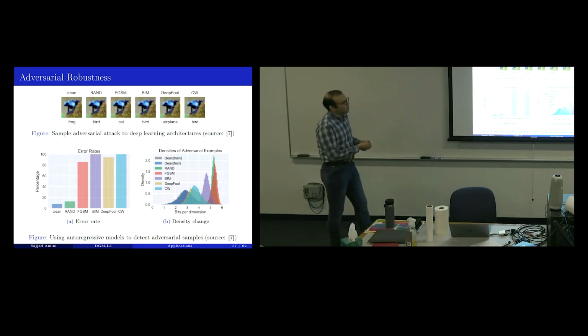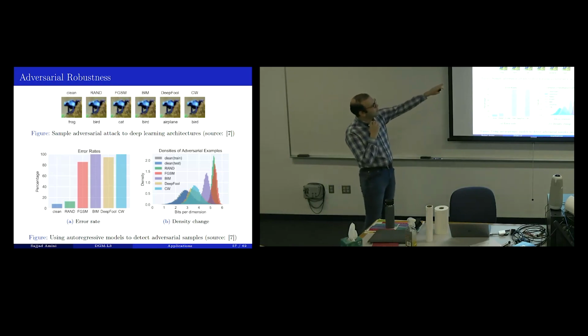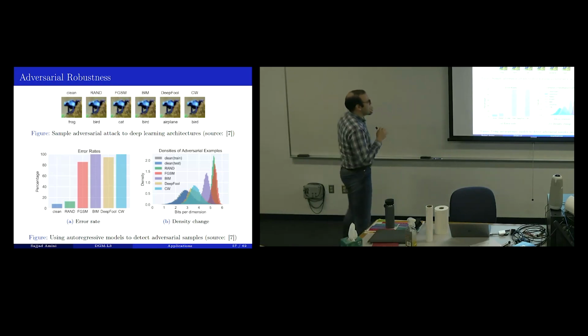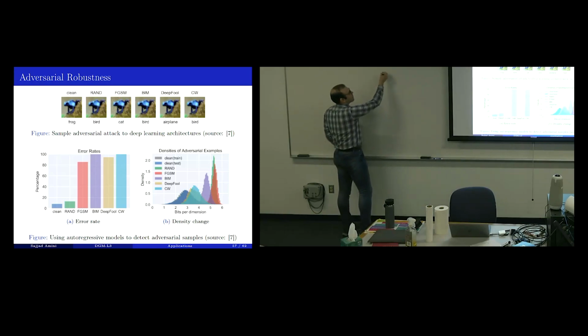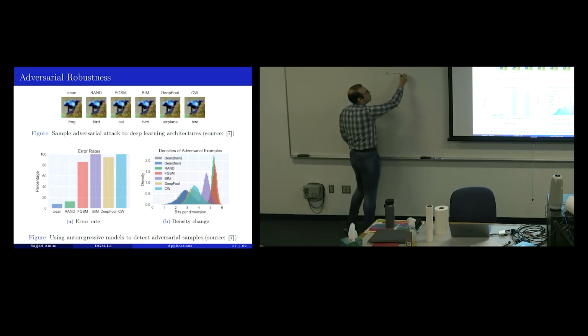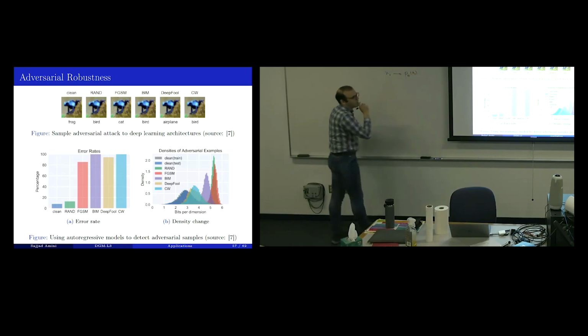What can I do with a deep autoregressive model? Assume that I have a deep autoregressive model trained on the CIFAR-10 dataset. For each image you give me, for example, from the training set, I can give you the probability that the model assigned to that image.